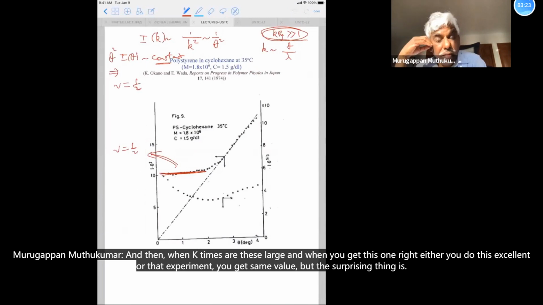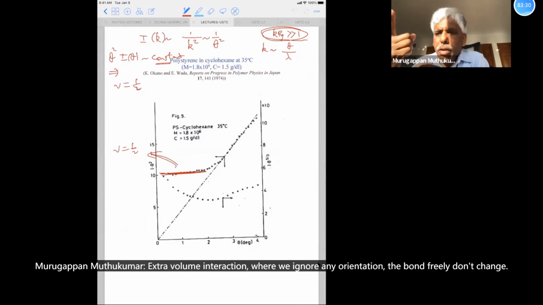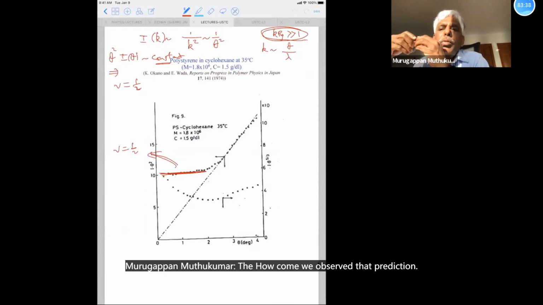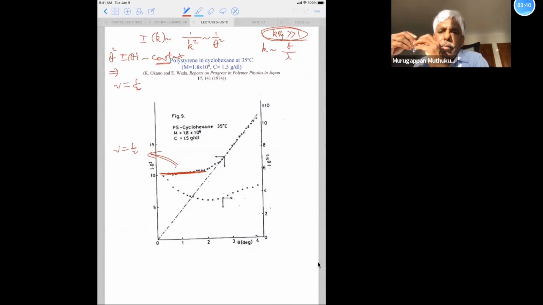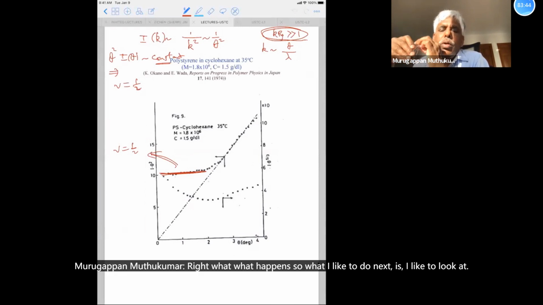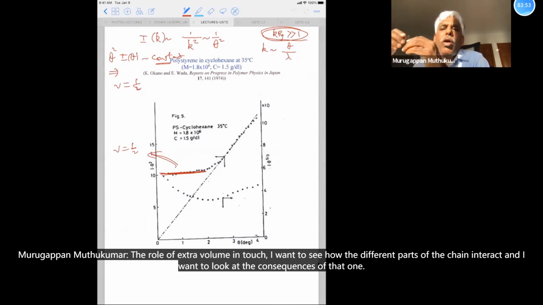But the surprising thing is the Kuhn chain model, where we ignore excluded volume interaction, where we ignore any orientation of the bonds, freely jointed chain, how come we observe that prediction? We observe it, they are facts. So what I would like to do next is look at the role of excluded volume interaction.